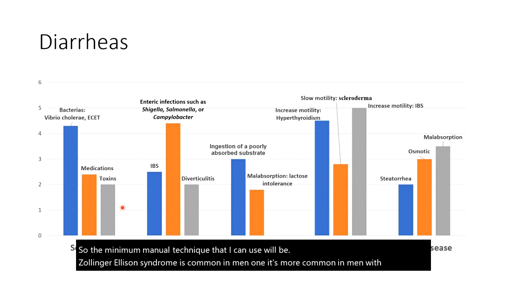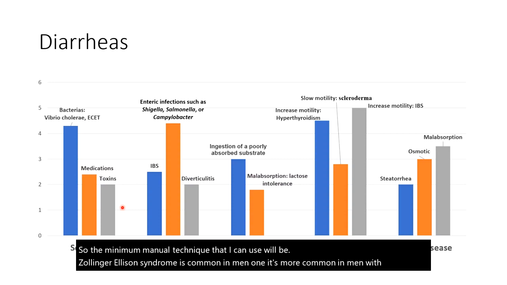It does not have to do with electrolytes, even though patients can have hydroelectrolyte disturbance. It's also present in IBS, inflammatory bowel disease, and also in diverticulitis, because it's an infection at the level of the colon.